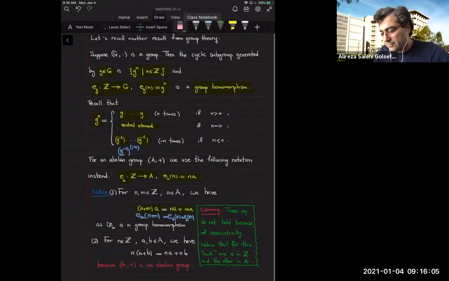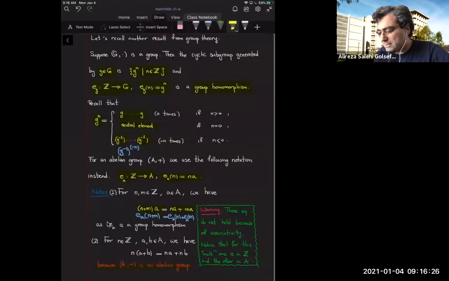And here we are in the abelian setting, then that is why n times (a plus b), which is by definition a plus b plus a plus b plus a plus b, n times if n is positive, then you can rearrange them and write it as na plus nb.